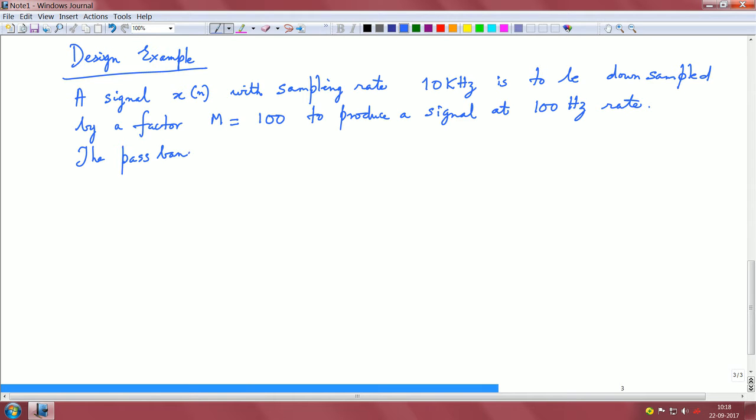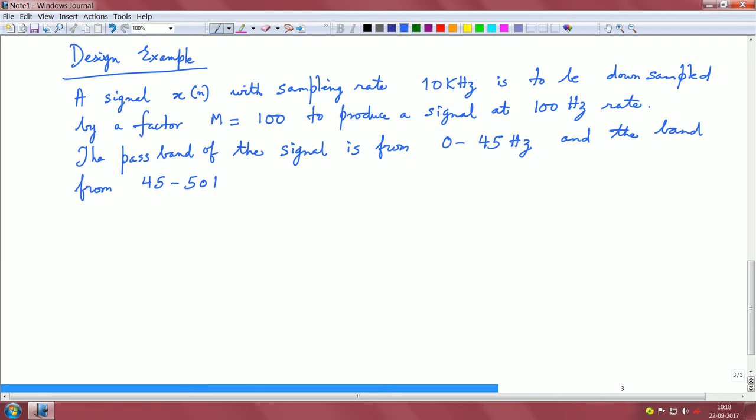The pass band of the signal is from 0 to 45 hertz, and the band from 45 to 50 hertz is the transition band.